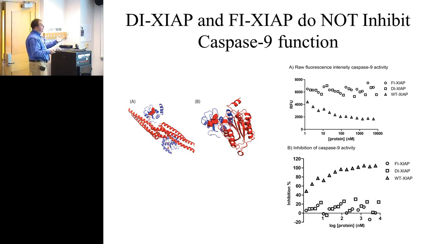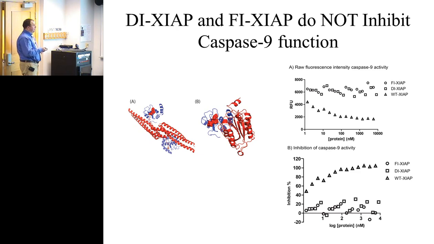And you can add in compounds that inhibit XIP for their assay, or we can just compare the wild type versus the fixed interface and design interface. If the fixed interface or design interface don't interact with caspase-9, we should expect full activity. However, if wild type XIP interacts with caspase-9, we should see a definite loss in protease activity.